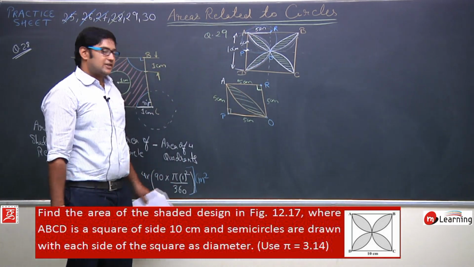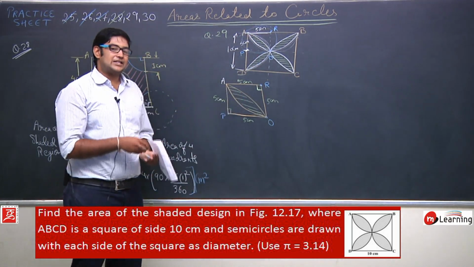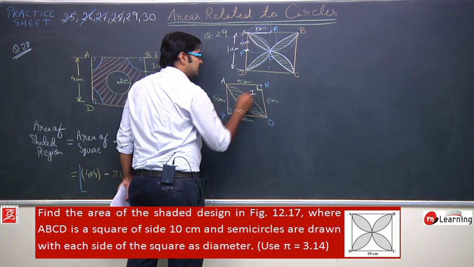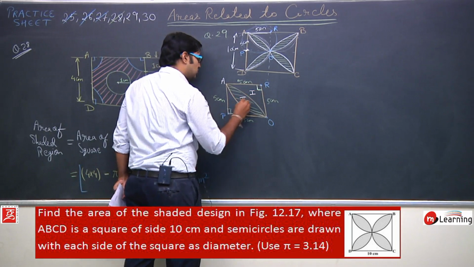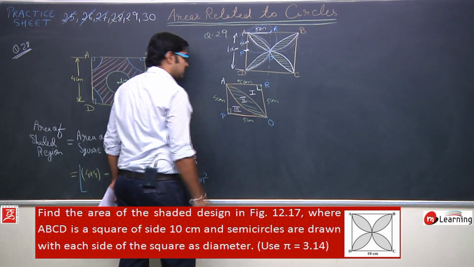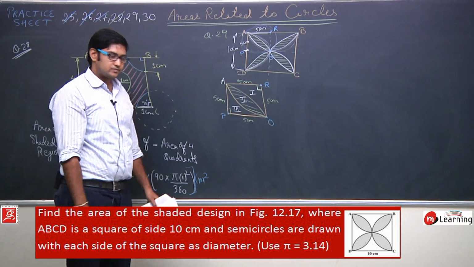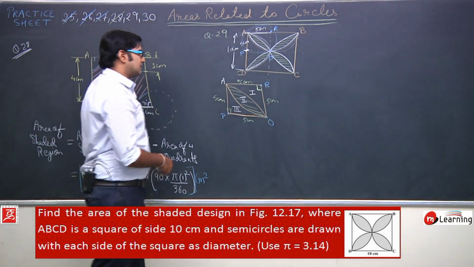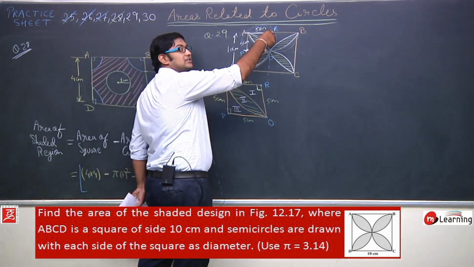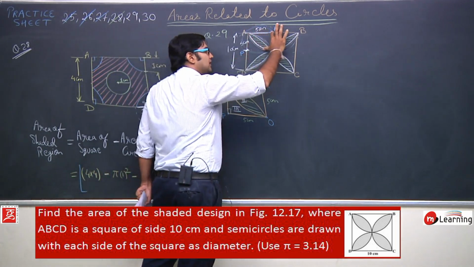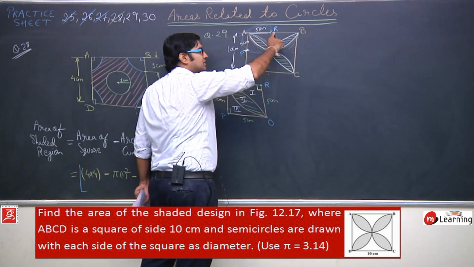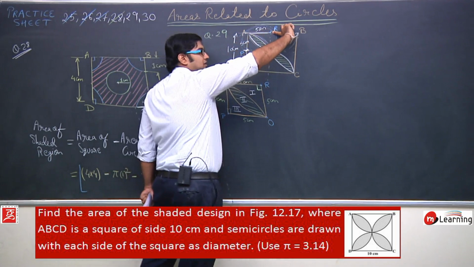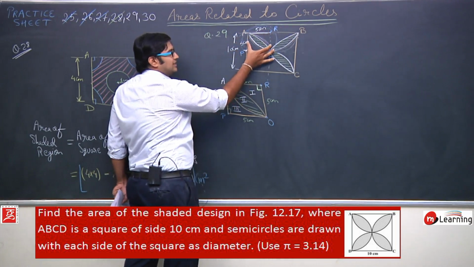Now observe this, this particular figure has 3 regions. This is region 1, this is region 2, and this is region 3. Now what I can see is this R is the center of this particular semicircle. So what I have done, I have taken only this much part.